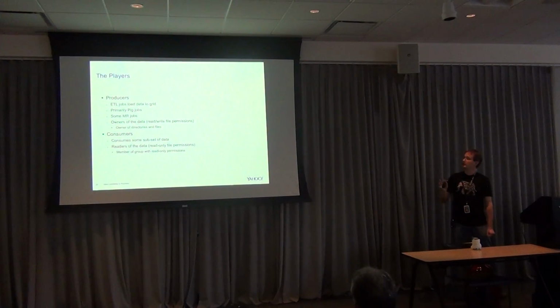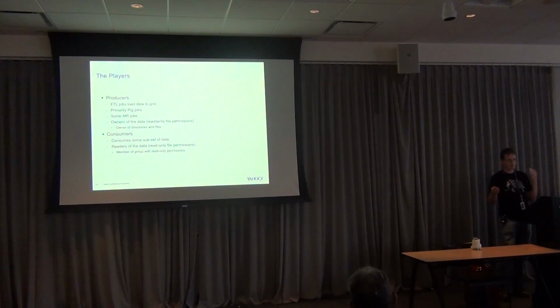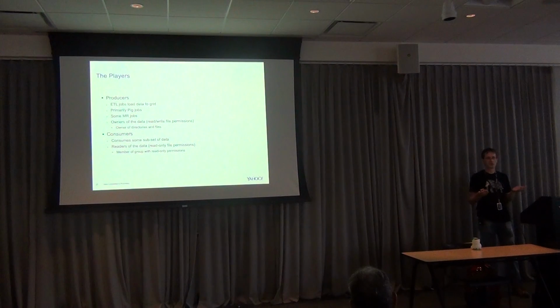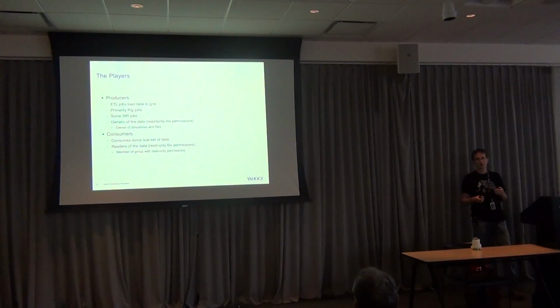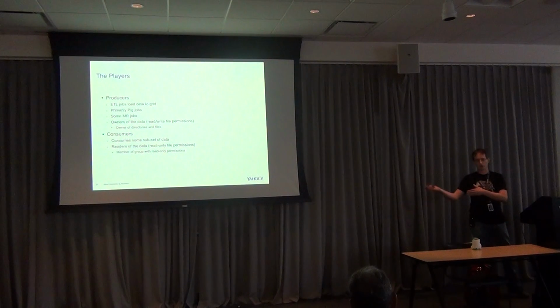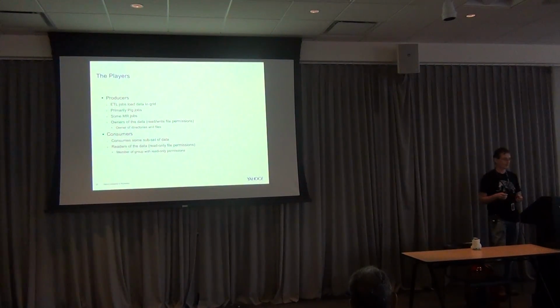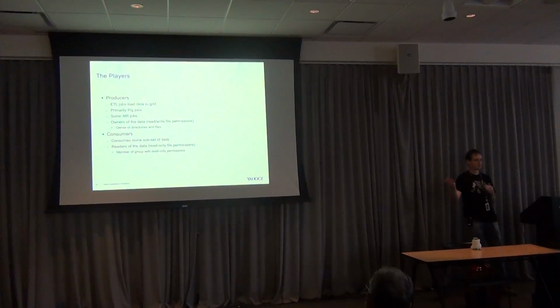Let's look at the players that we have here. In broad terms, we have two categories of actors: the producer and the consumer. If you really want to get into it, you can consider certain types of consumers as being producers for other consumers downstream. At Yahoo, generally the producers are running ETL jobs that load data from one system into another.